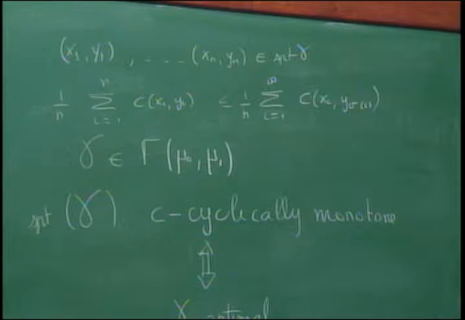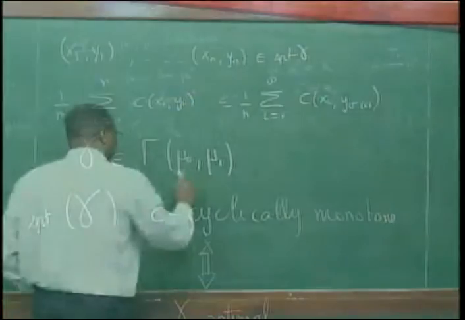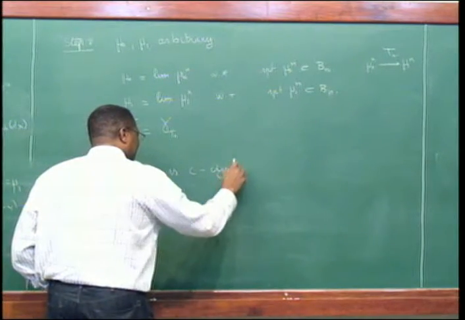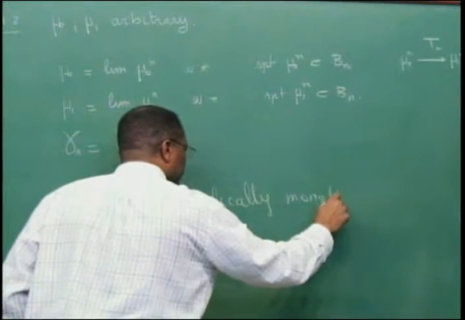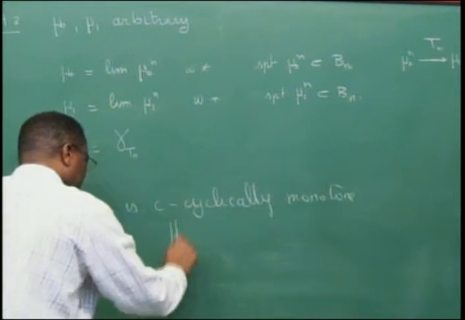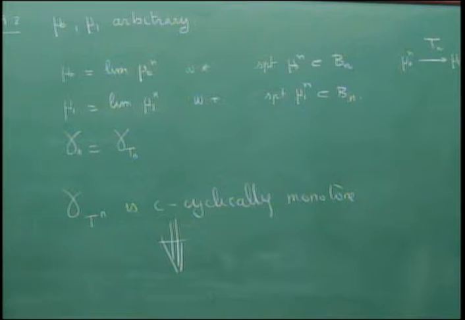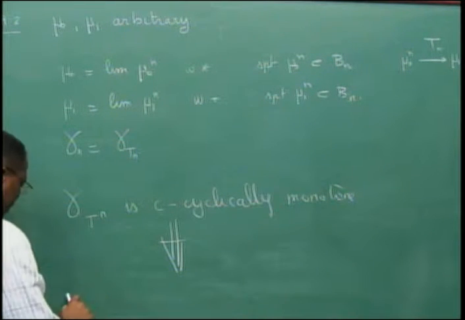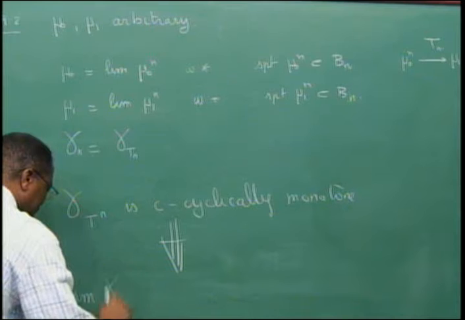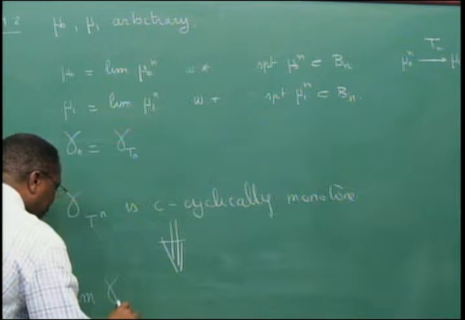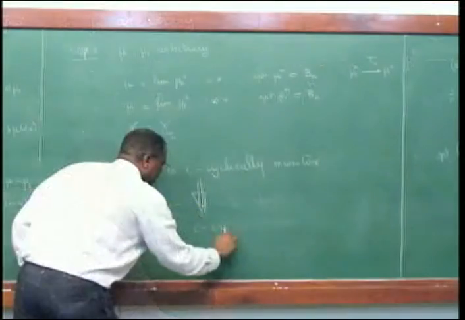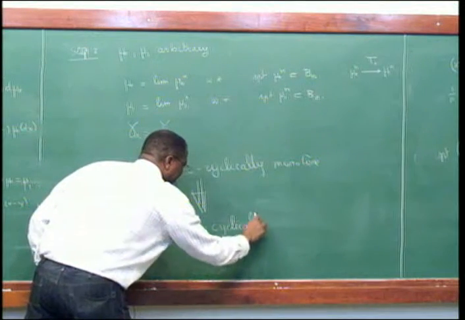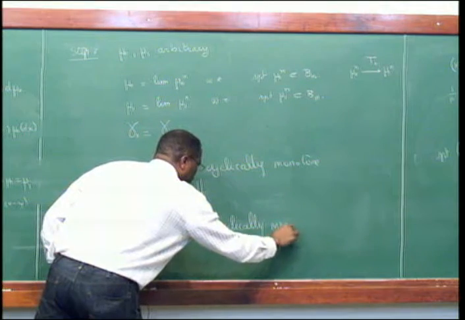So here is the idea. Gamma Tn is C cyclically monotone. When you pass to the limit, gamma infinity, the limit of gamma Tn is C cyclically monotone.